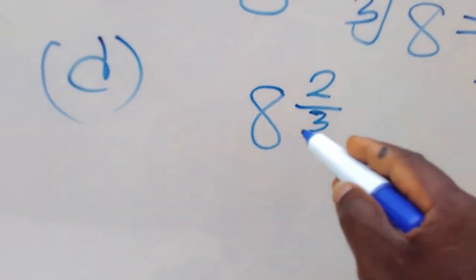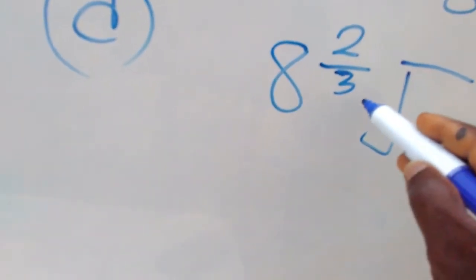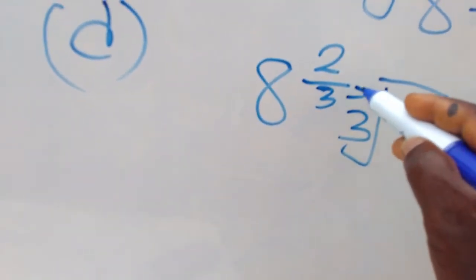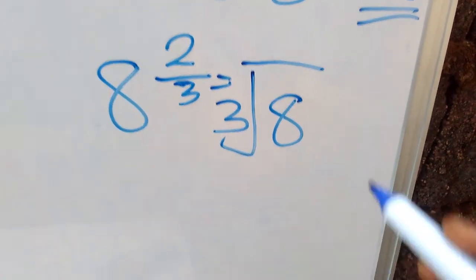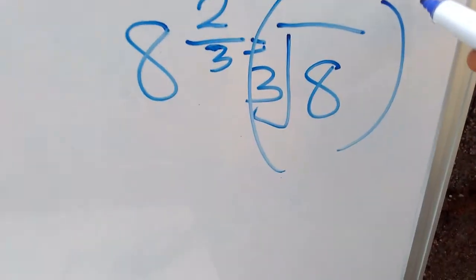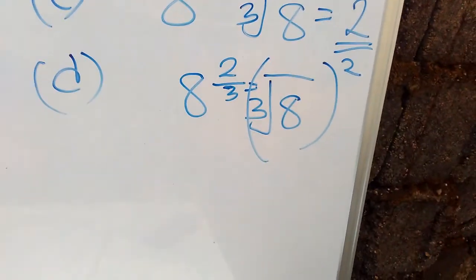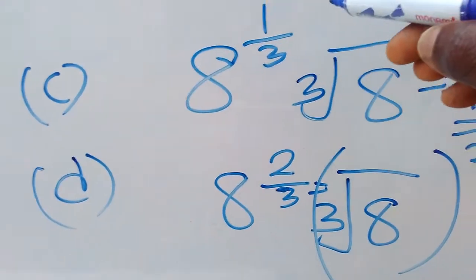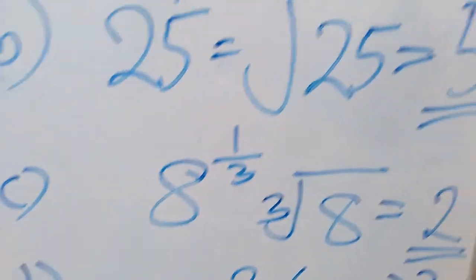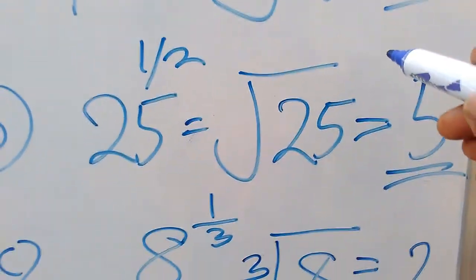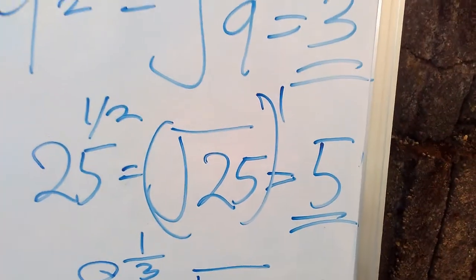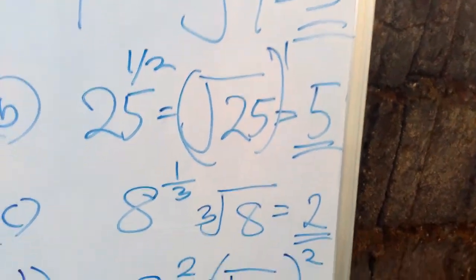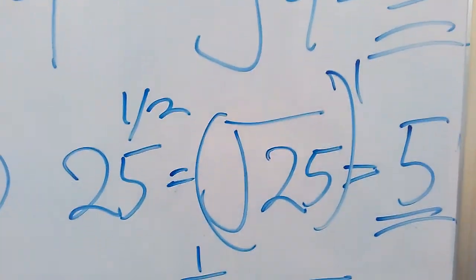That is, the denominator now becomes the root, that is the cube root of 8. Then 2 will now be the power. We can still solve it the previous way, raised to the power 1, but it's still the same thing as writing it normally.